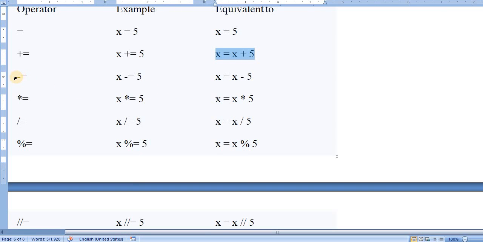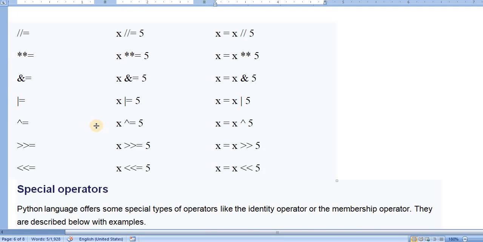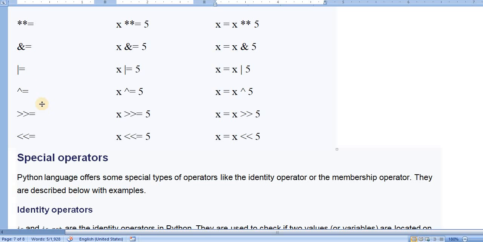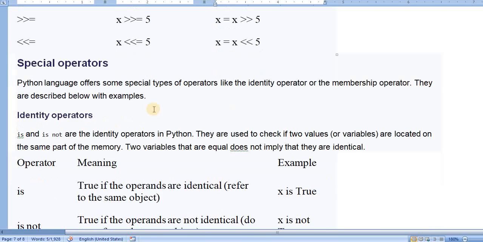So x minus equals 5 is equivalent to x equals x minus 5. All the arithmetic operators can be used in this way, and the bitwise operators are also used in this fashion.